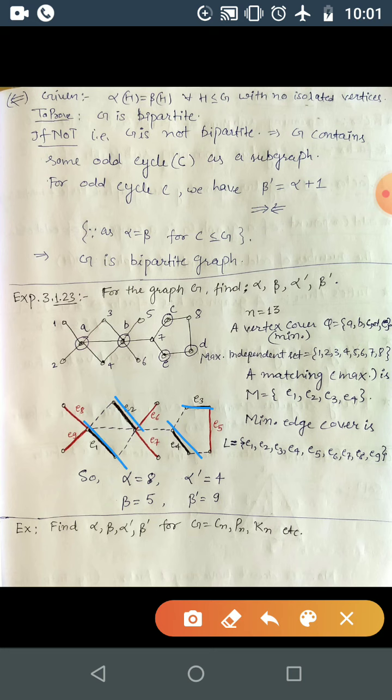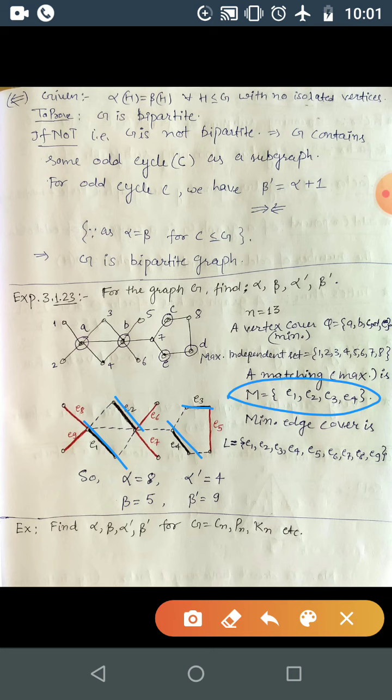So E1, E2, E3, E4, these are the maximum matching, no other matching, because all other are depending on this, or you can just say have some common endpoints with these edges. Okay, so that's why this becomes the maximum matching.